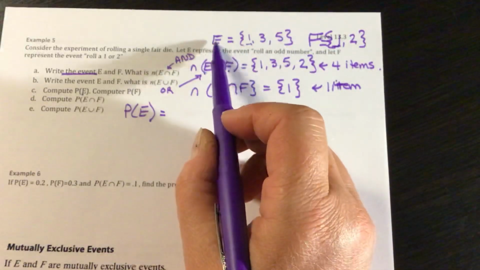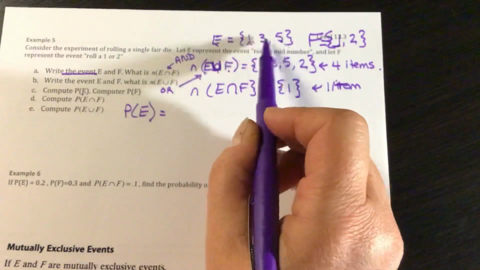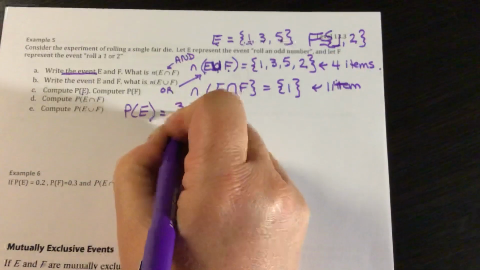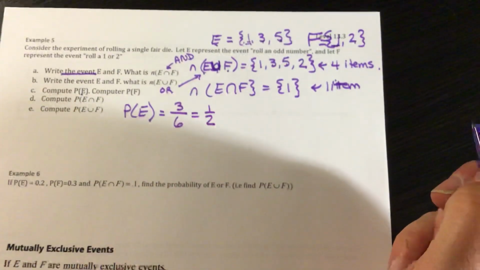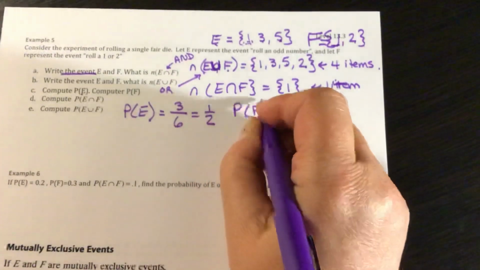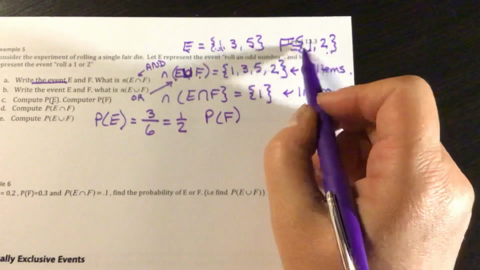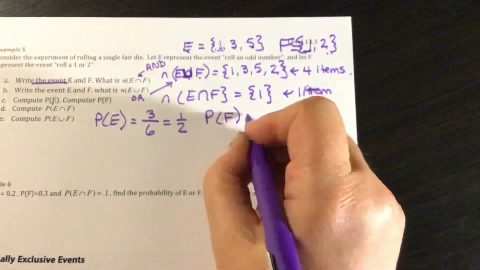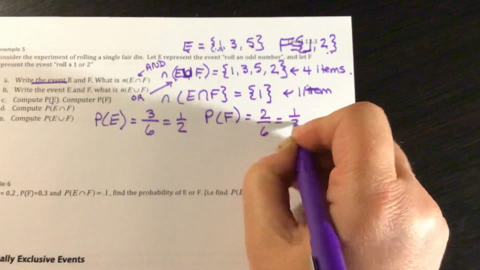If I want the probability of it being odd, I count how many odds there are, which is 3 out of 6, which is 1/2. So the probability that F occurs, rolling a 1 or a 2, there's 2 things here out of 6, which is 1/3.